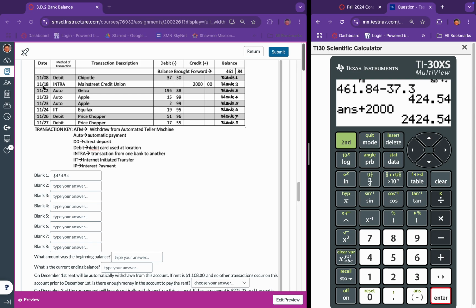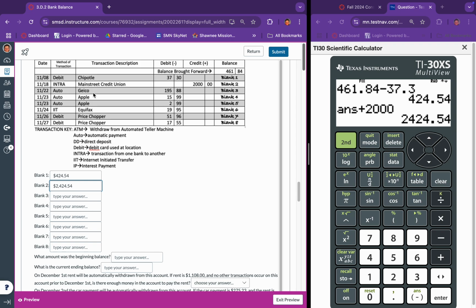So now as of November 18th, in your account, you have $2,424.54. So now with that deposit that was just made, you have $2,424.54.